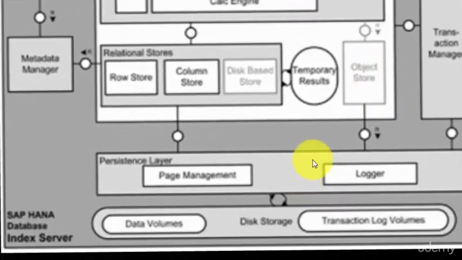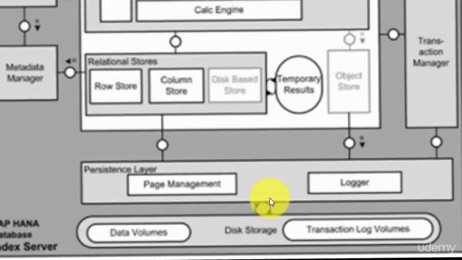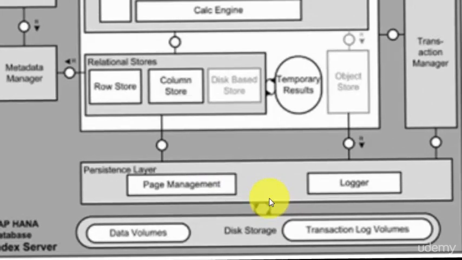Coming down to the persistence layer. The persistence layer is the one which manages the communication between your RAM and your disk storage, where you have the data volumes and the transaction volumes. The persistence layer is responsible for the consistency of the database. All the ACID properties have to be complied with, and the persistence layer is responsible for doing that.